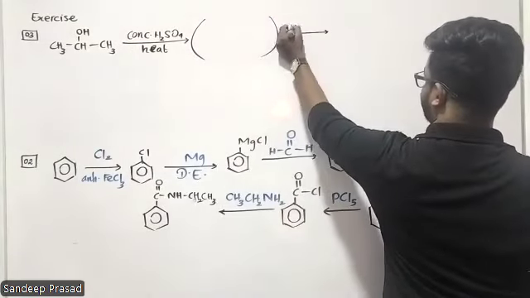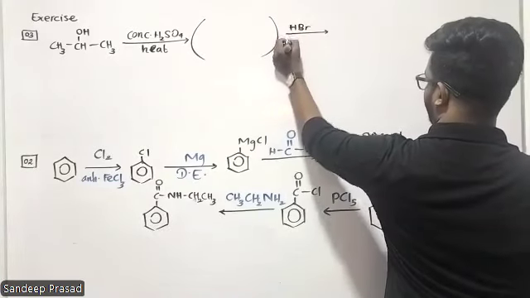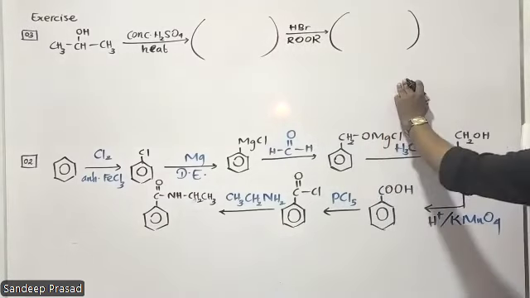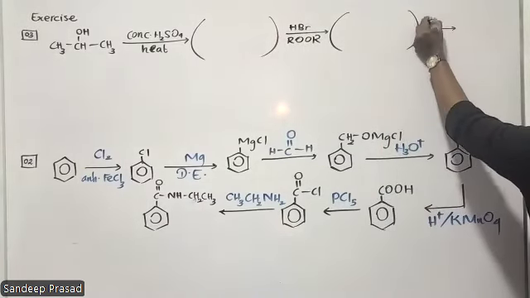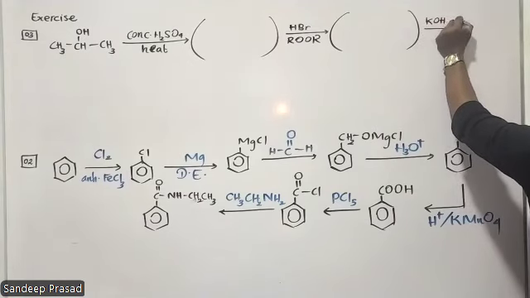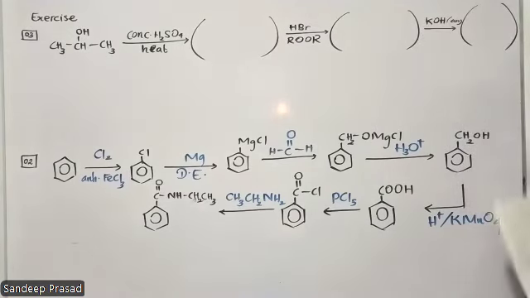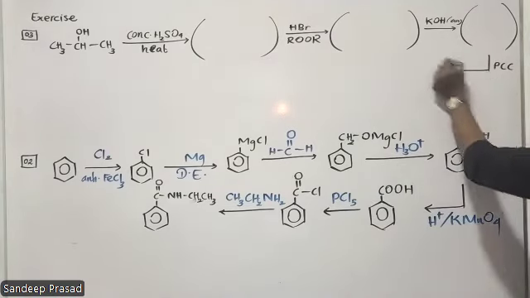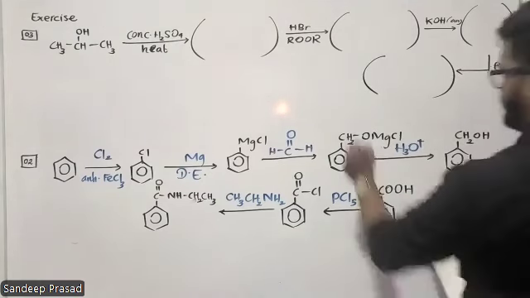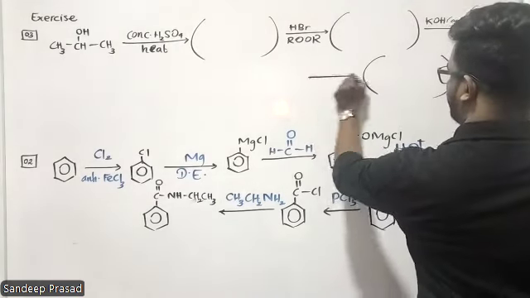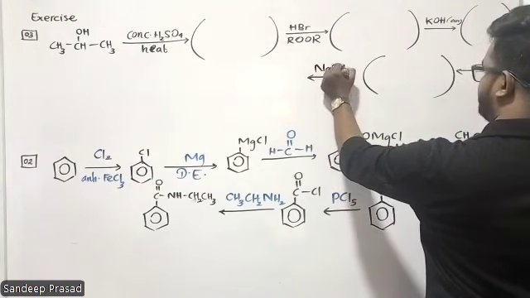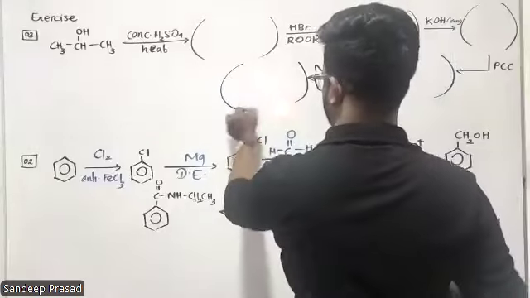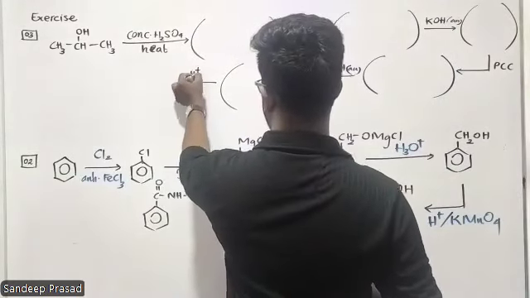Then HBr is added in peroxide medium. After that, aqueous KOH is added. Then PCC is added. After that, aqueous sodium hydroxide is added. H plus and heat.